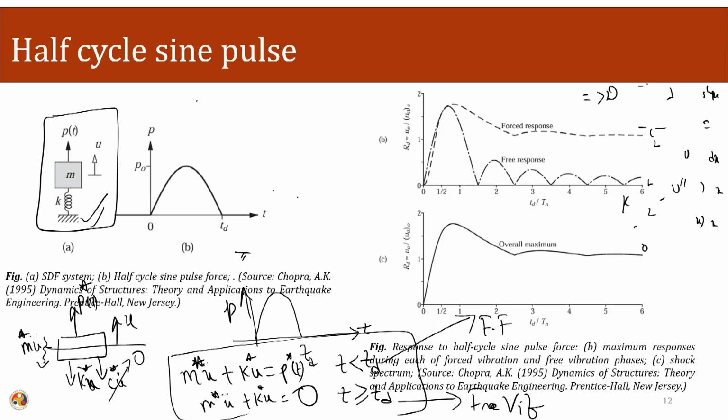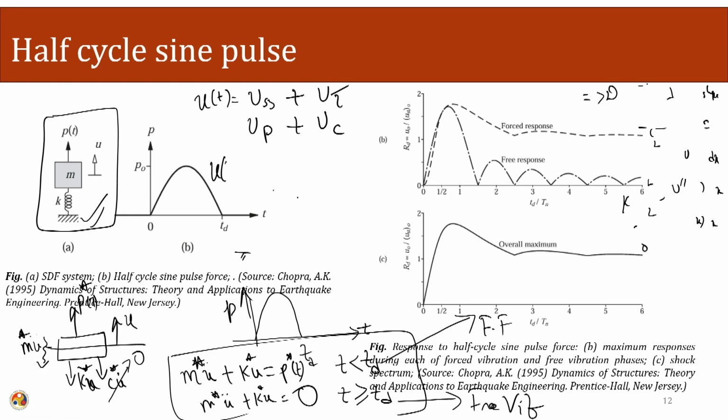In both phases, the response of the system is in two parts: a steady state response and a transient response, or u particular plus u complementary, they are the same thing.